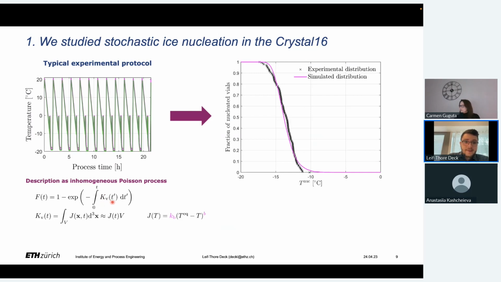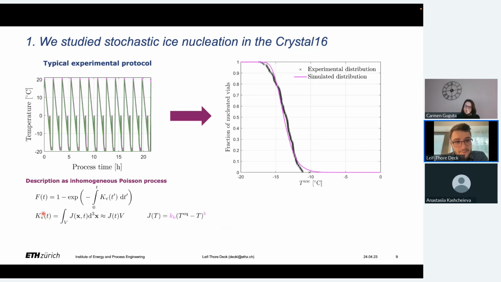The nucleation frequency is a deterministic quantity that gives us the likelihood that nucleation happens at a certain point in time. And we call this an inhomogeneous process because this can change over time, because obviously we are cooling down and the likelihood of nucleation has to be a function of temperature.